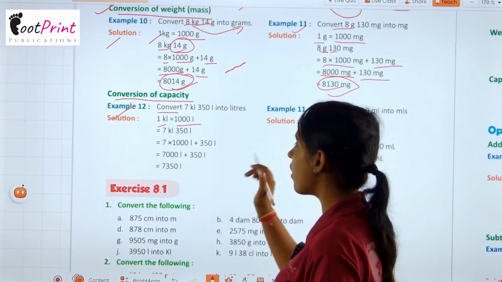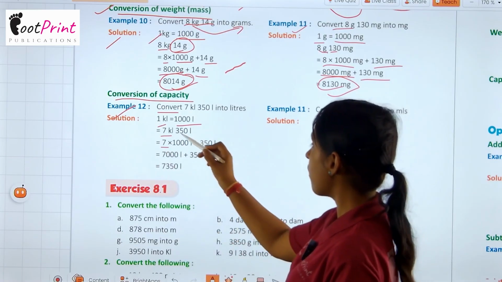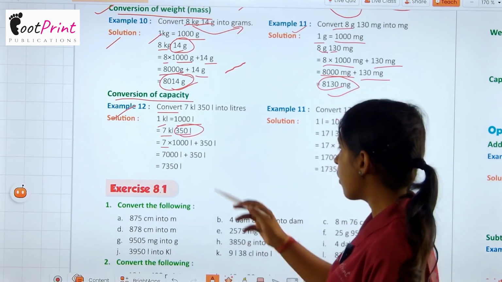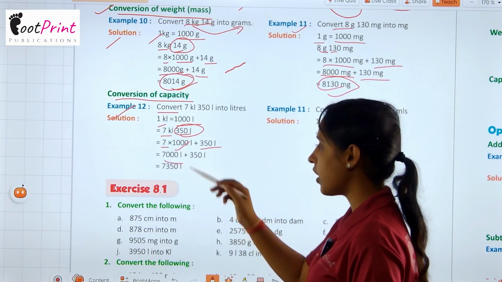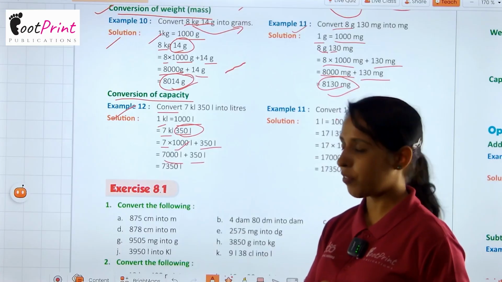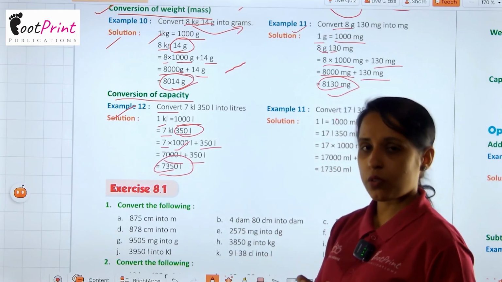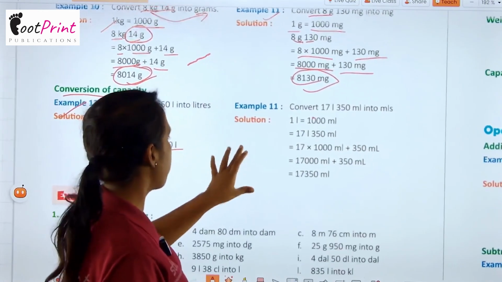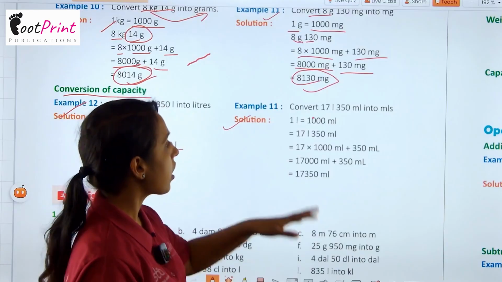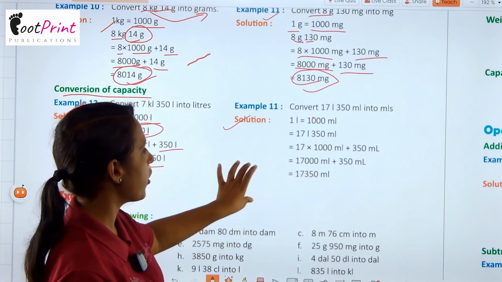So here 7 kiloliter means 7 into 1000 liter, and 350 liter is already here, so we write it as it is. Here we get 7000 liter plus 350 liter, and the answer will become 7350 liter.